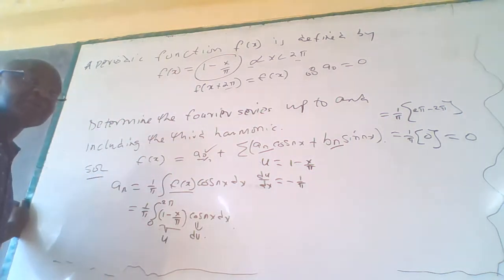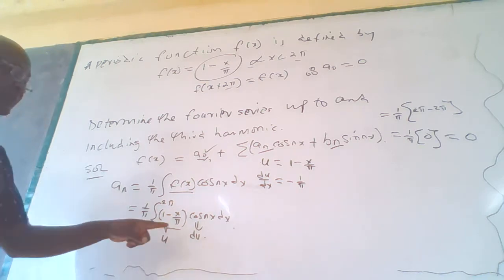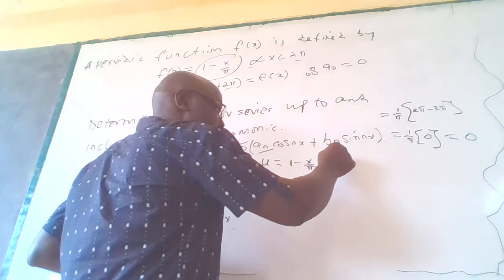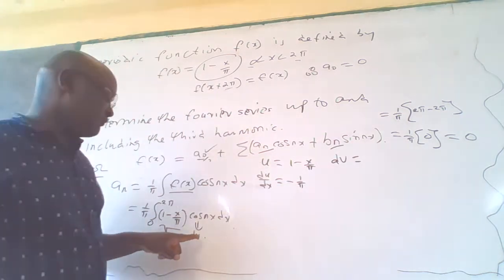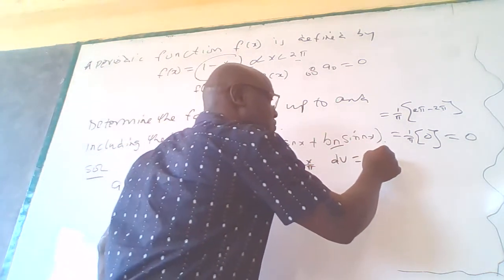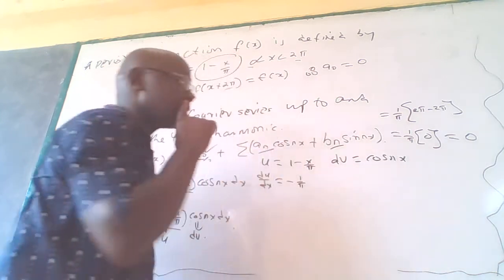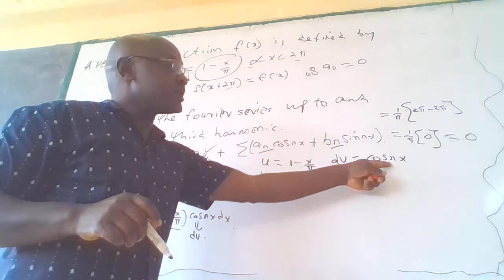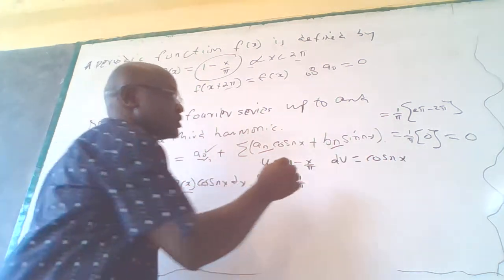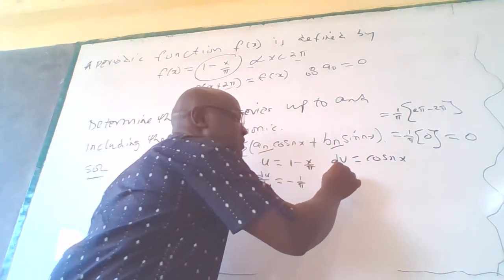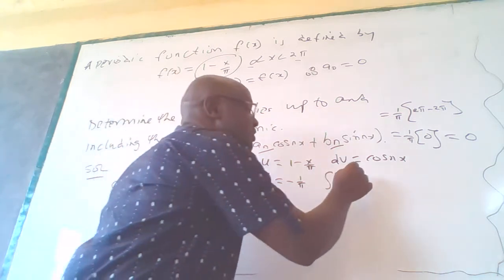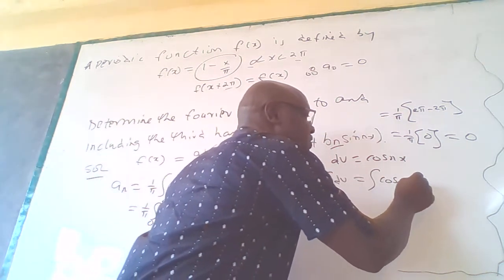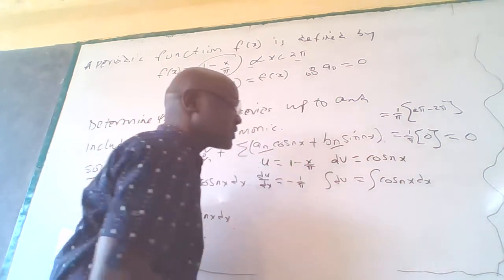That is du dx. And then here we are saying that dv equals cos nx. For us to get the value of v, we integrate both sides of this equation. You integrate dv equals the integral of cos nx dx.